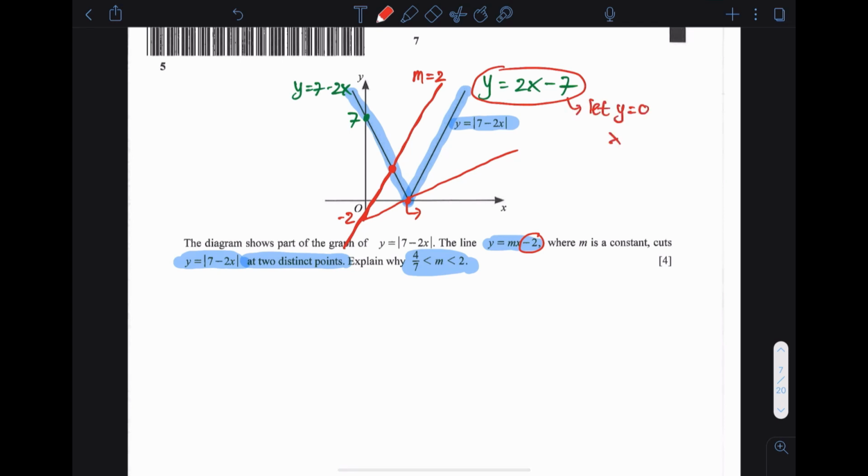I will get x to be 7 over 2, or that is 3.5. So this point here is (3.5, 0). So you see that my point is that the two lines that we made here are to make sure that there is only one intersection. If you want to get two intersections, the line must be somewhere in between these two different lines.